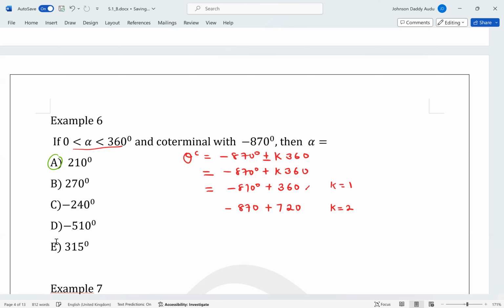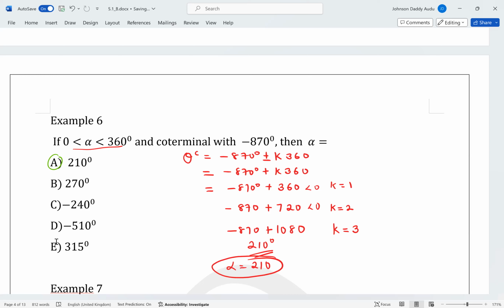You see, this is still less than 0. So it means we still have to try k to be 3. If k is 3, you have minus 870 plus 3 times 360, which is 1080, right? And you can see that this will be positive. This will give us 210 degrees. So we can stop. So this now becomes our alpha. So our alpha should be 210. This is the coterminal.